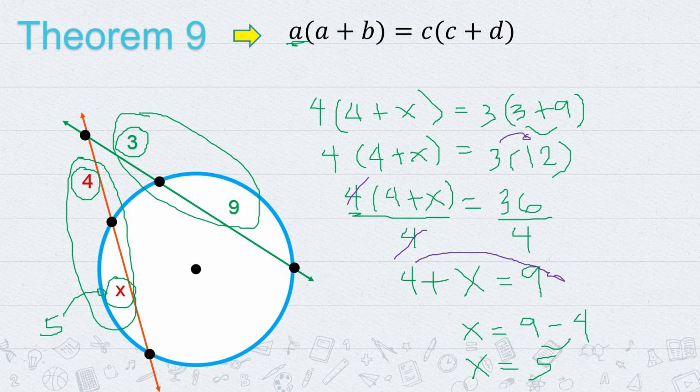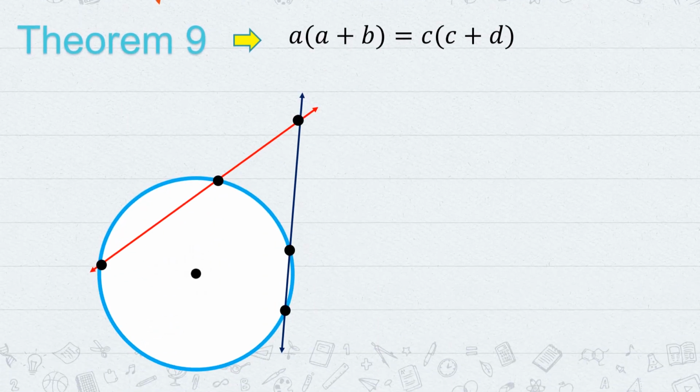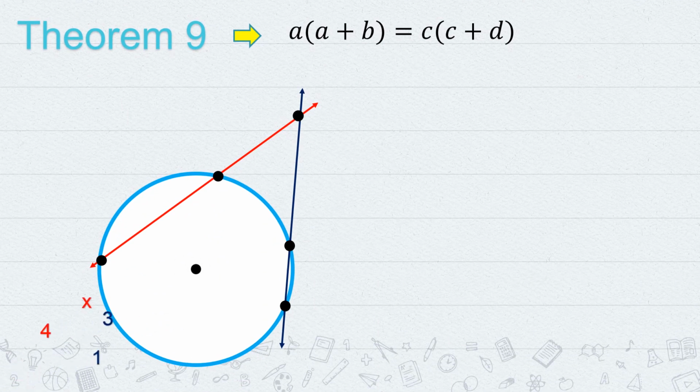Okay? So let us now have an example wherein what is missing is our exterior secant segment. Let's have this, our last example. Using this data, let us see how we are to solve for an exterior secant segment. Let me use A and B for the red secant and C and D for the blue secant segment.